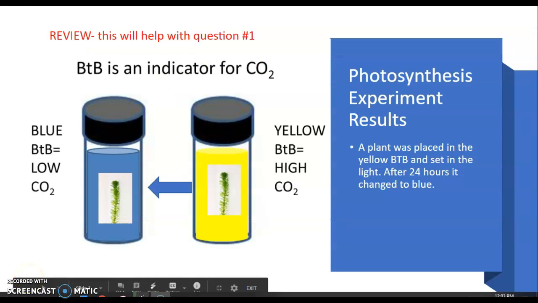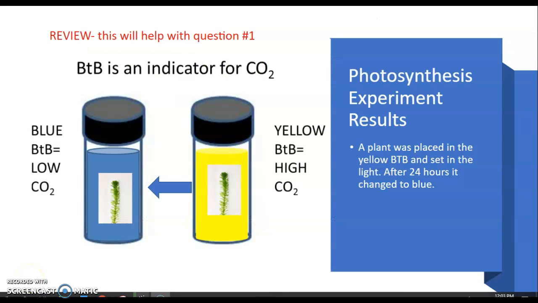Now, if you remember, in our photosynthesis experiment, we watched the teacher blow CO2 into this blue chemical called bromothymol blue, and it turned yellow. So we know that yellow color indicates high CO2, blue color indicates low CO2 in the solution.